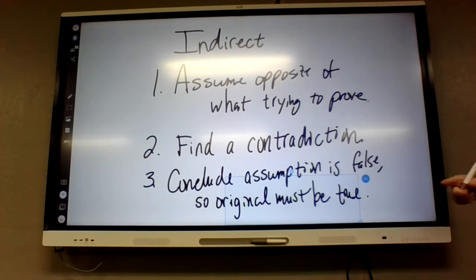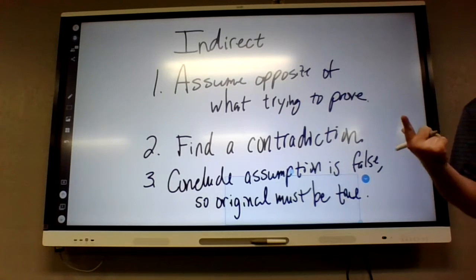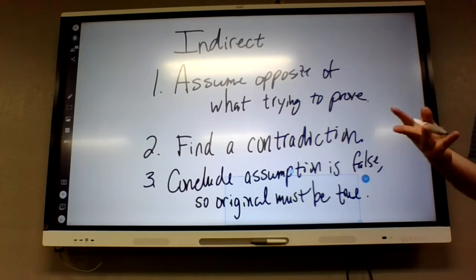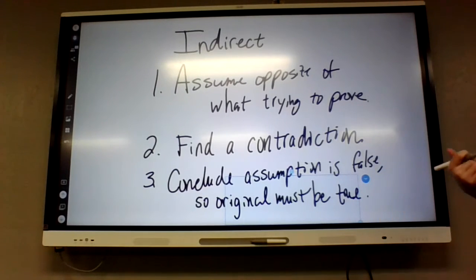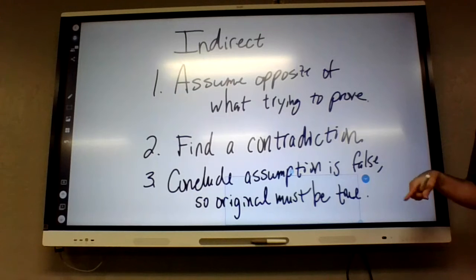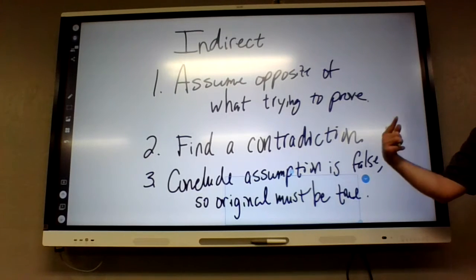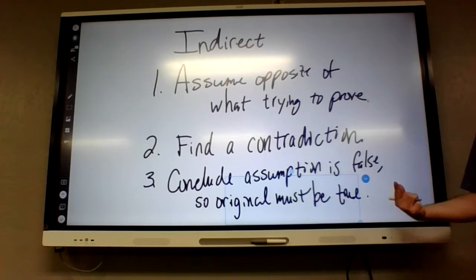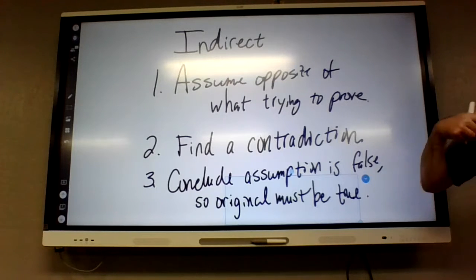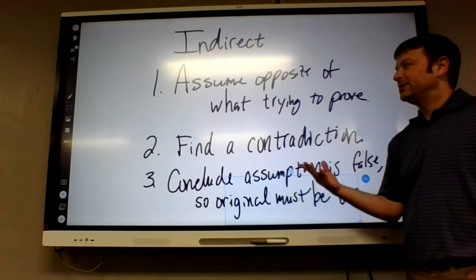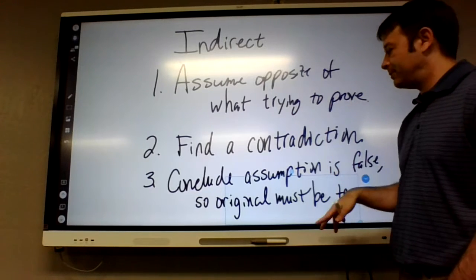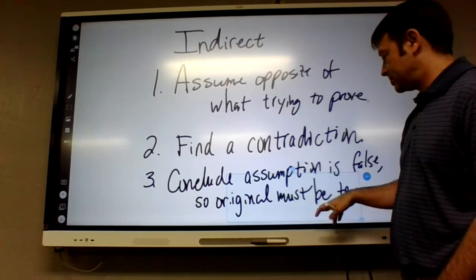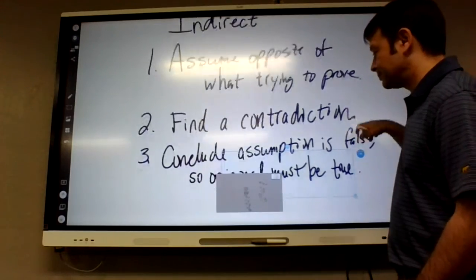So you assume the opposite of what you're trying to prove, then you find a reason why that can't be possible, then you say, therefore my assumption is false, and if the negation is false, then the original statement must be true. If you say the opposite of what you're trying to prove and then show that can't be, then what you're trying to prove must be true. That's what it is.